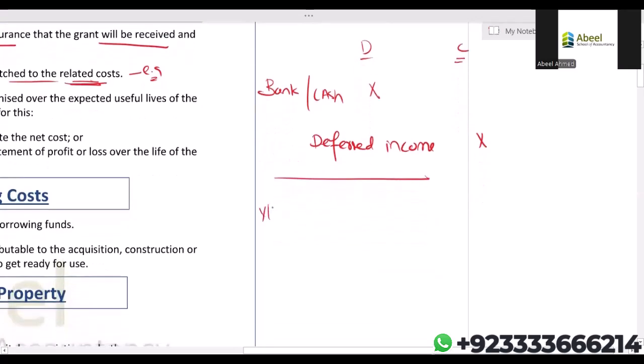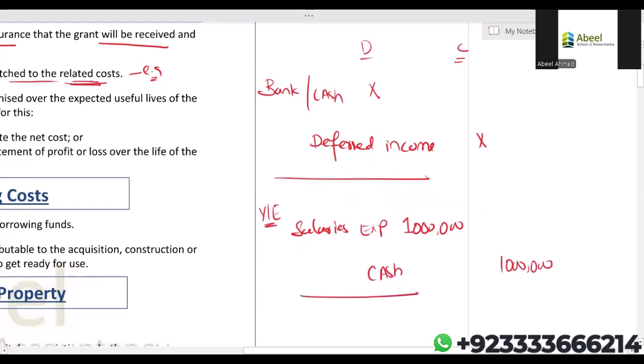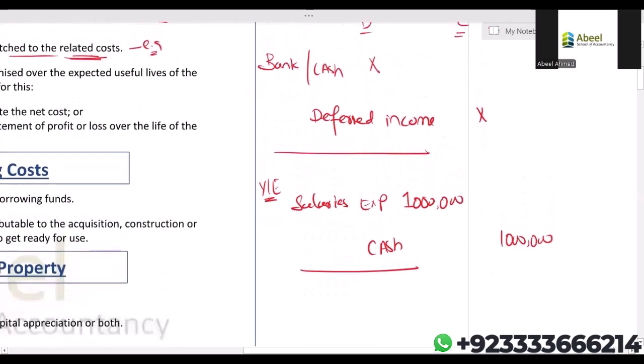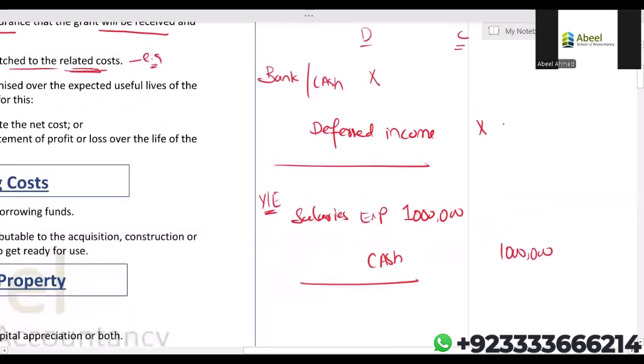At the year end, when you are recognizing the salaries expense, assume the entire salaries expense is $1 million. The deferred income was, let's say, 3 lakh.